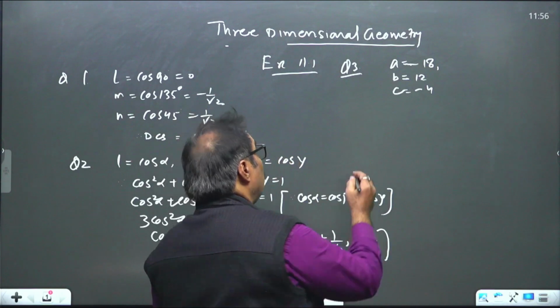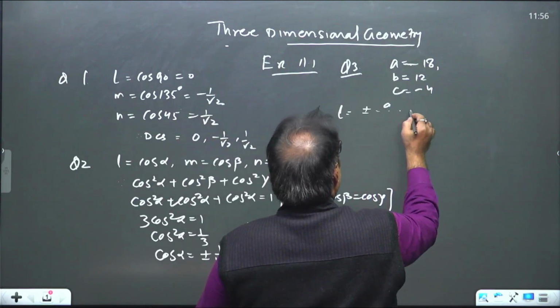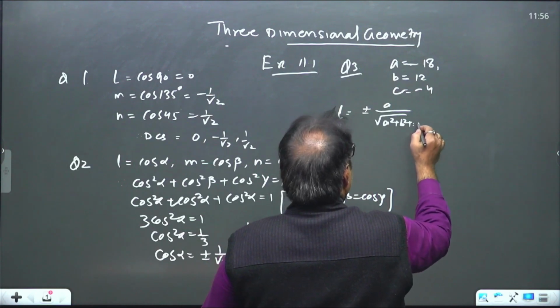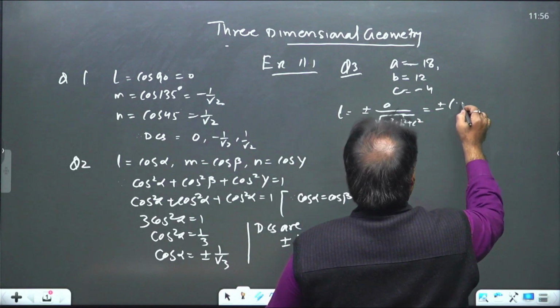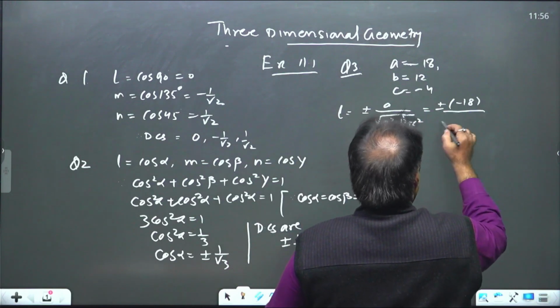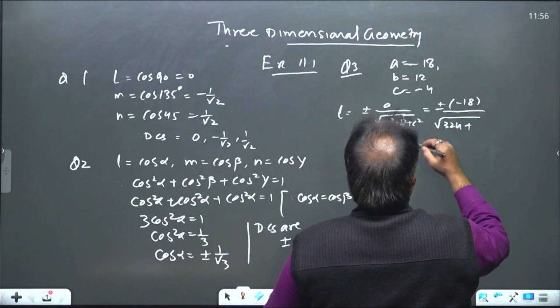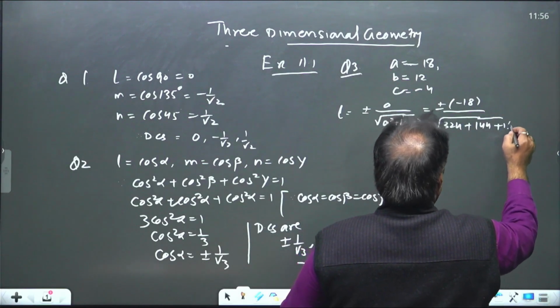So use the formula: l equals plus minus A upon root over of A square plus B square plus C square. So this will be plus minus, and the A value is minus 18 upon root over of 18 square 324, and B square 12 square 144, and C square plus 16.